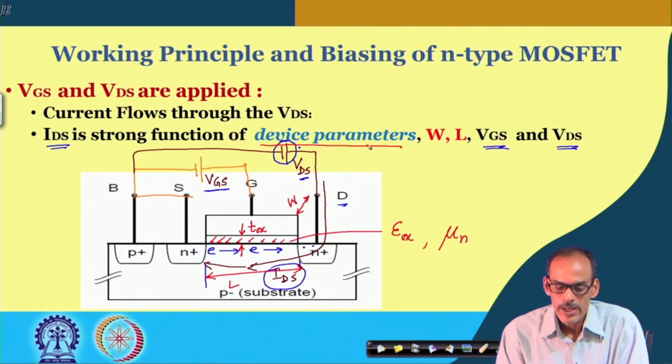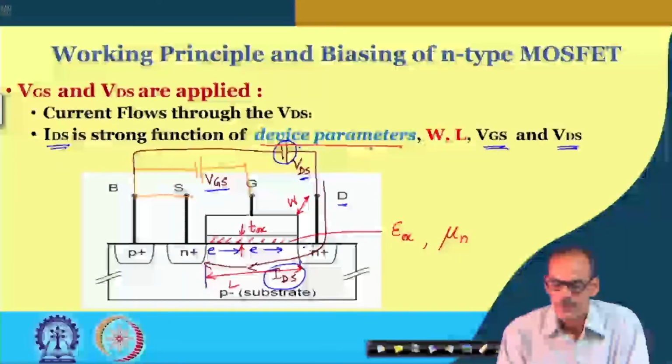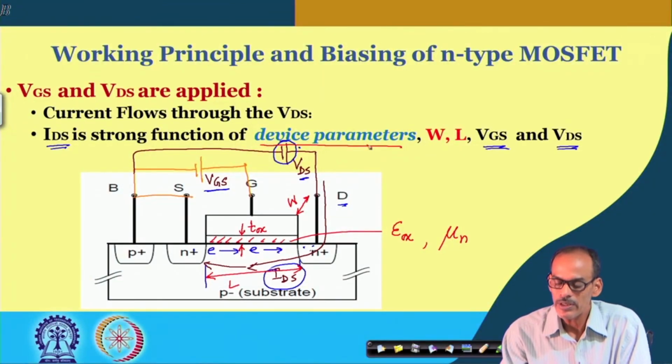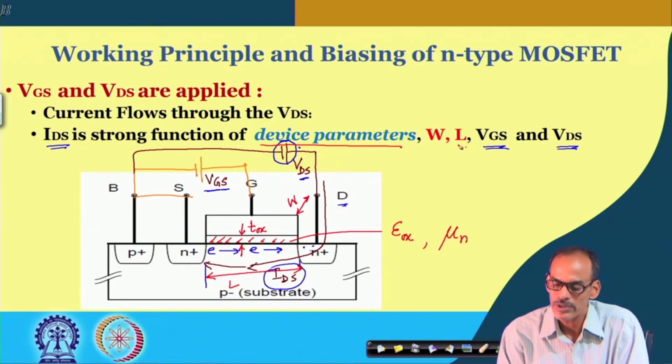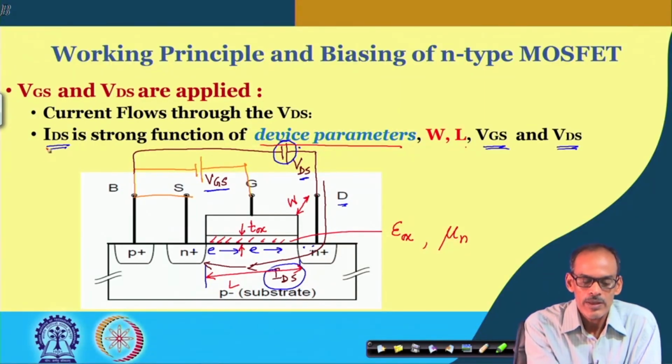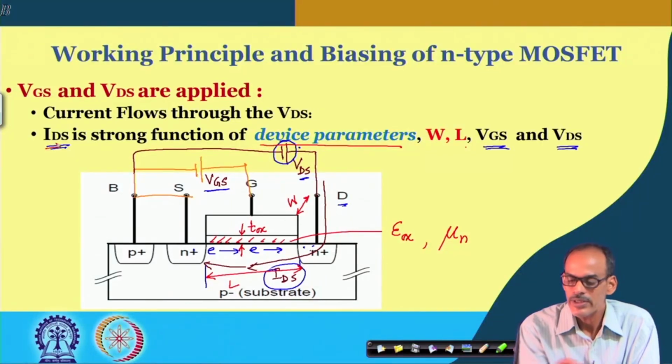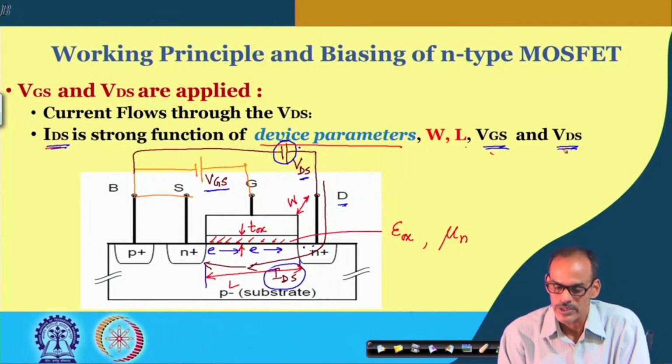And as a circuit designer, if the device is already fabricated, the W's and L's are already defined, then we will be looking for the dependency of IDS as a function of VGS and VDS.